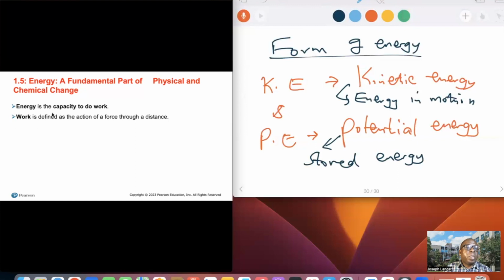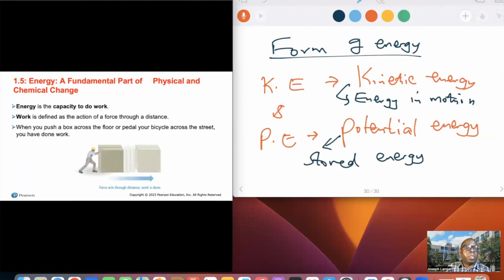Let's see, energy is the capacity to do work, and work is defined as the action of a force acting over a distance. To understand the difference between the two, for example, when you push a box across the floor, or you pedal your bicycle across the street, you have done work.